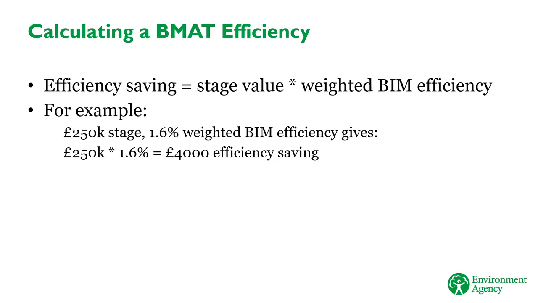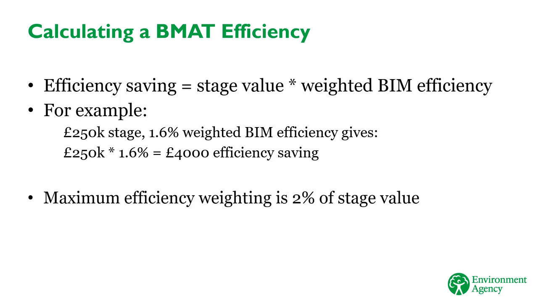The maximum weighted score for each stage is 2% of the total stage value. At each stage, you need to complete a new BMAT for that stage. So during a project, you will record several efficiency savings which add up to the total project saving.